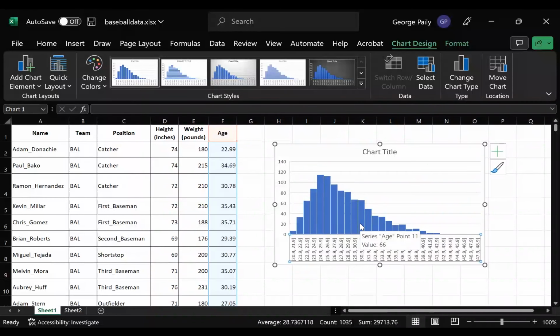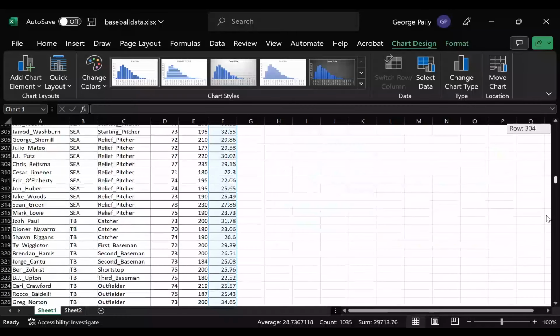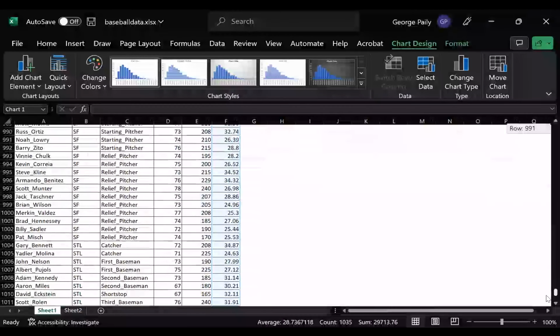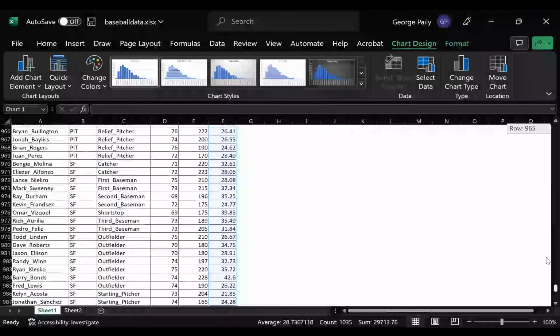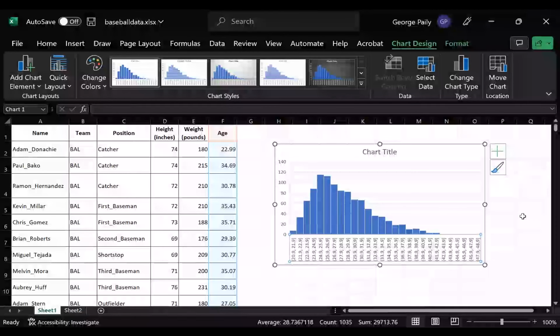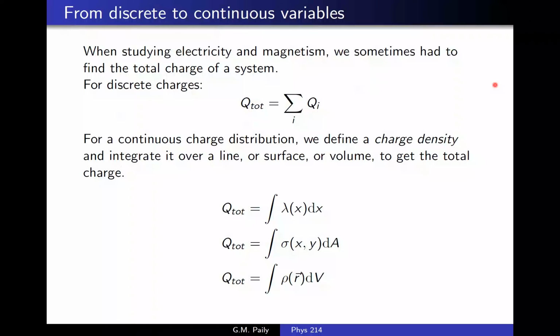And so to find the probability of a randomly picked player being in that range, I basically have 67 plus 66 divided by the total number of players, which in this case should be 1,034 players.